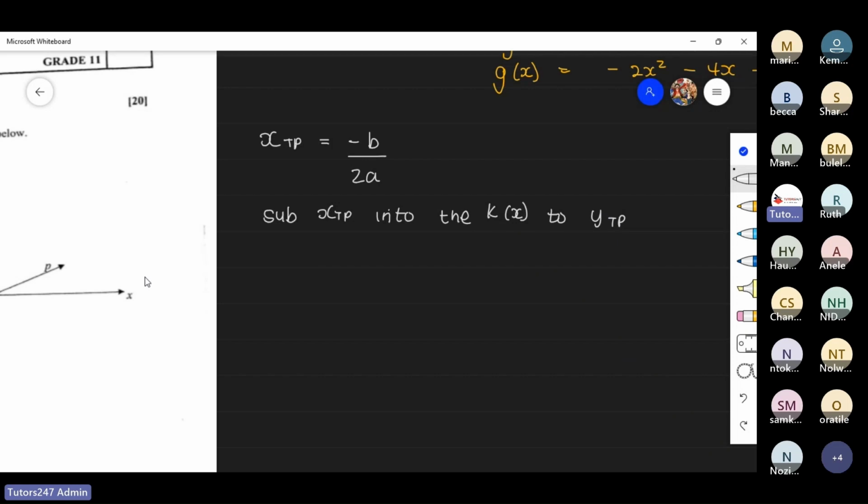So that is the first method that you can use. Something important to take note of is that b represents the coefficient of x and a represents the coefficient of x squared. So this can be considered method 1.